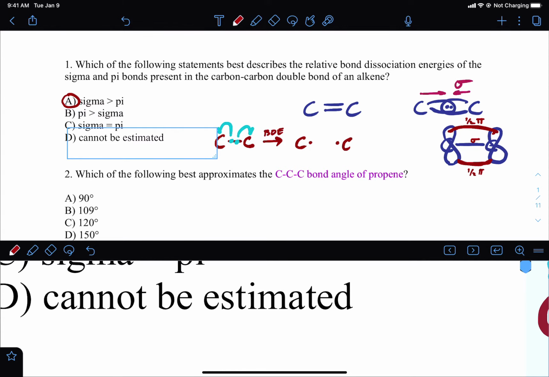Question 2. Which of the following best approximates the CCC bond angle in propene?